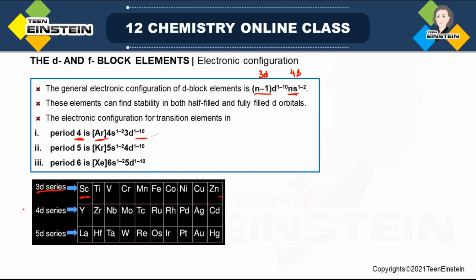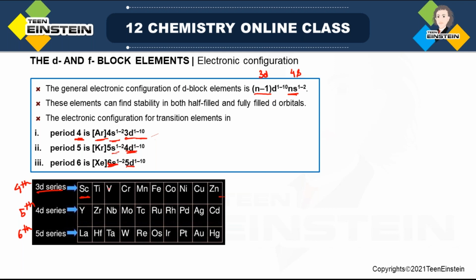Then the fifth period. This is fourth, this is sixth. In the fifth period, now there is krypton 5s starting from 1 up to 2 electrons, and now it is 4d. So this is very simple. It is just increasing one by one: 3d, 4d, 5d, and 4s, 5s, 6s. Fine.